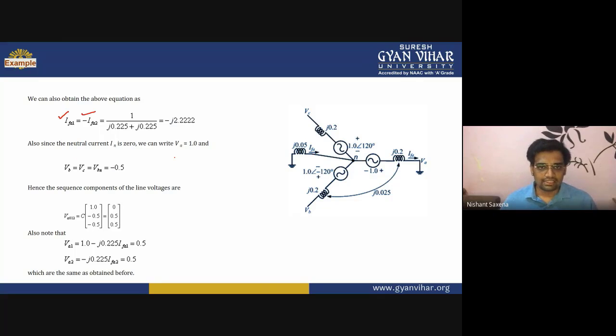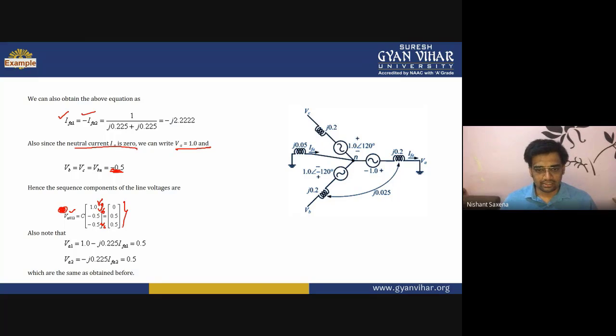Therefore we can say that the neutral current IN is equal to 0, since we can write VA equal to 1. Therefore VB equal to VC is equal to VBN, which is equal to minus 0.5. Okay. Therefore, if I write the positive, negative and zero sequence voltages for phase A, I can write it like this: VA, VB, and VC.